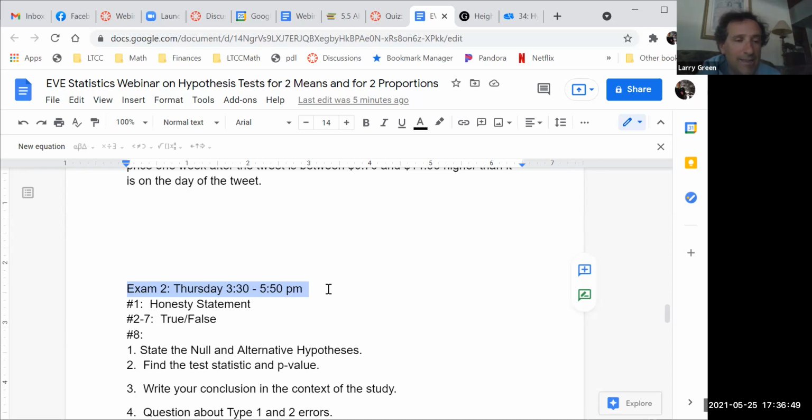The central limit theorem tells you for means, we have X bar is approximately normal. In other words, the sampling distribution for sample means is approximately normal with mean mu and standard deviation sigma over the square root of n.